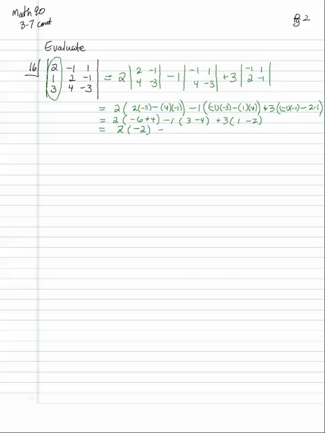So do inside the parentheses, -1, and then the last parenthesis is also -1. Now multiply, so it's -4 plus 1 minus 3, which is -6.